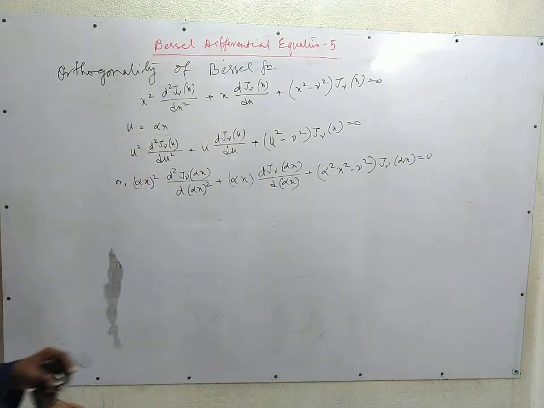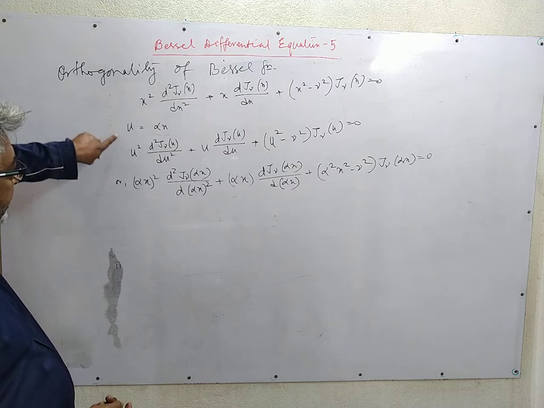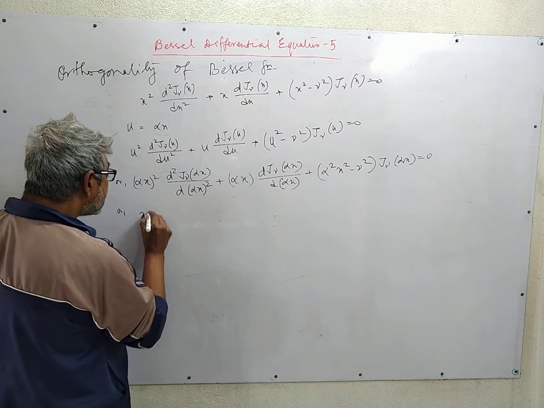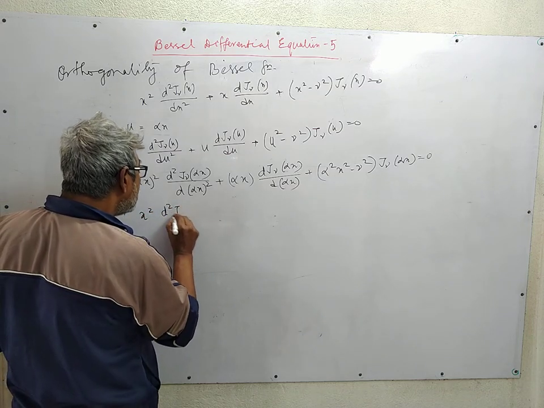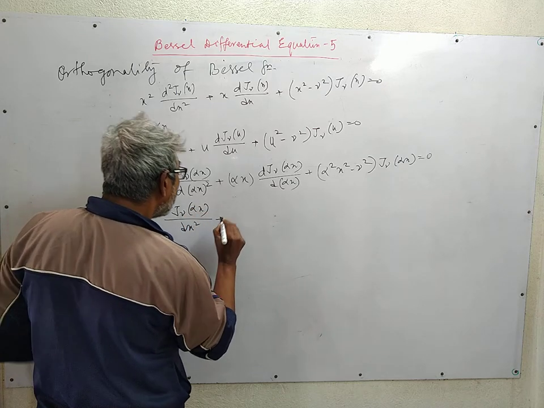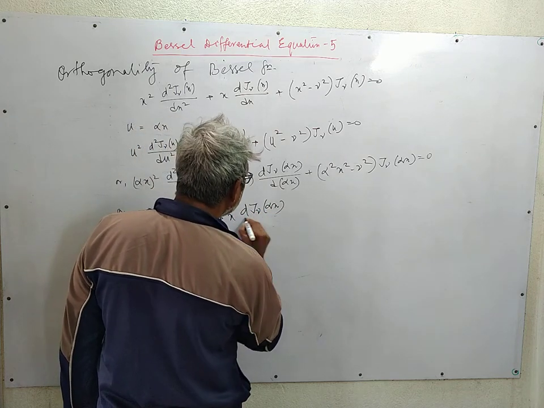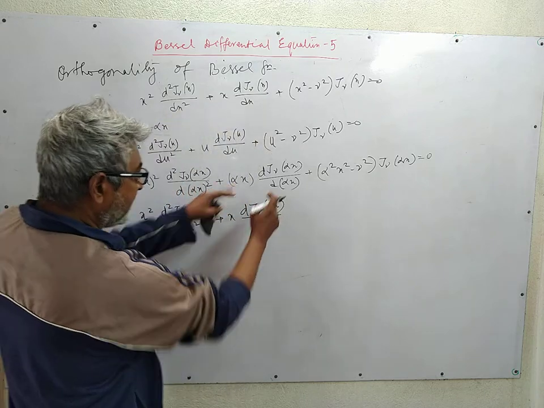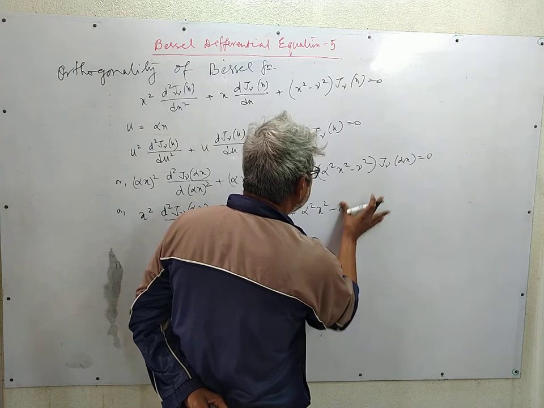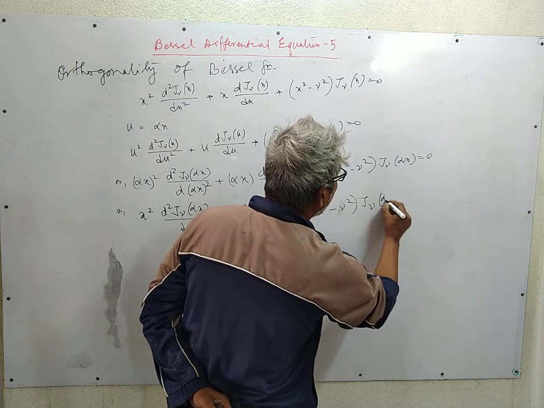What we have done in this expression, we have replaced x by u, where u is defined by this. So this alpha cancels out. We get x square d2 j nu of alpha x dx2 plus x d j nu of alpha x dx, here x alpha cancels out, is equal to alpha square x square minus nu square of j nu of alpha x.